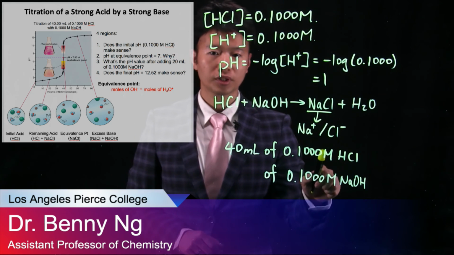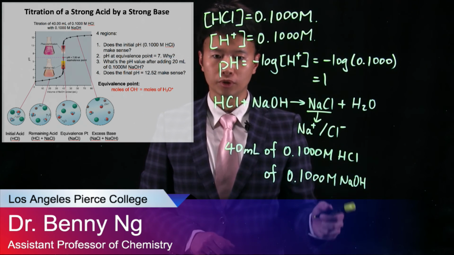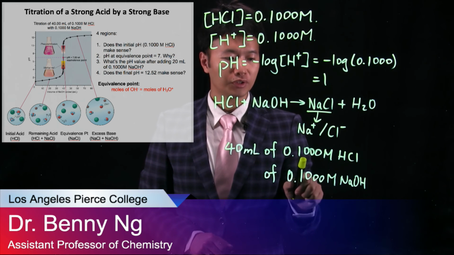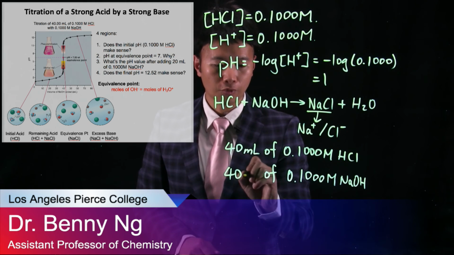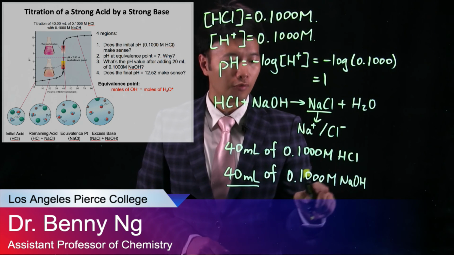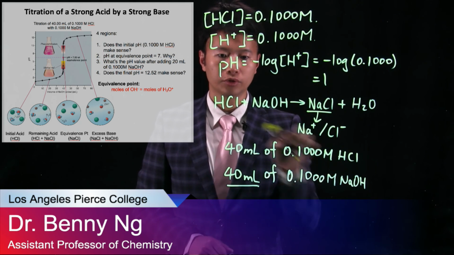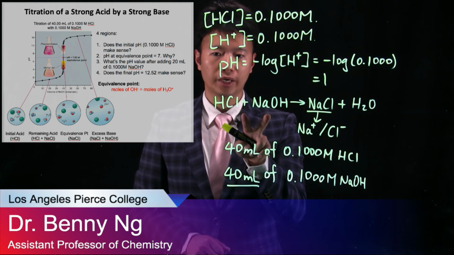Since they're the same concentration of 0.1 molar, if I have 40 ml of 0.1 molar HCl, I will also need 40 ml of 0.1 molar NaOH in order to completely neutralize the HCl.